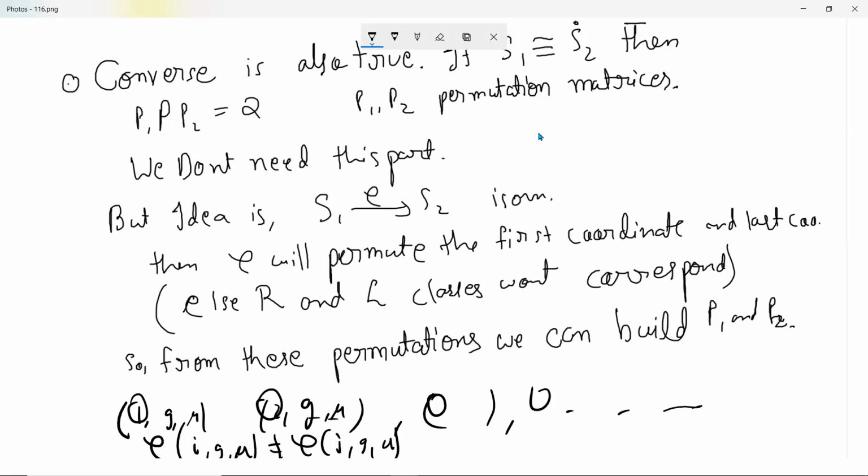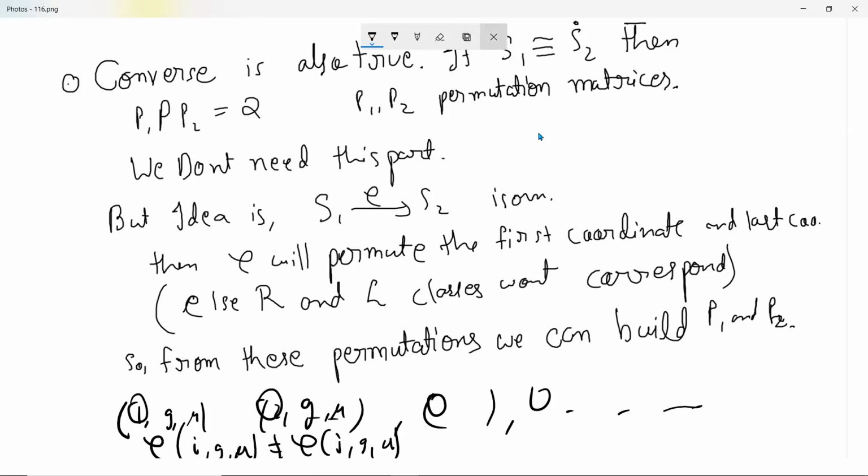I mean, two different rows cannot be collapsed. Otherwise, the size of the L class would change. So if there are two rows i and j which are different, and you are collapsing them in your image matrix, then the number of R classes will not be the same, and then it doesn't really work out.